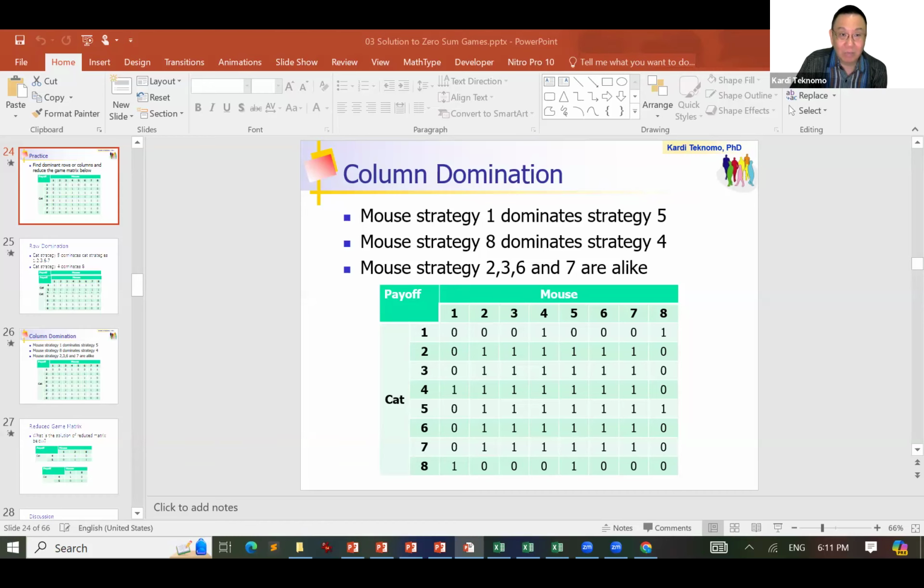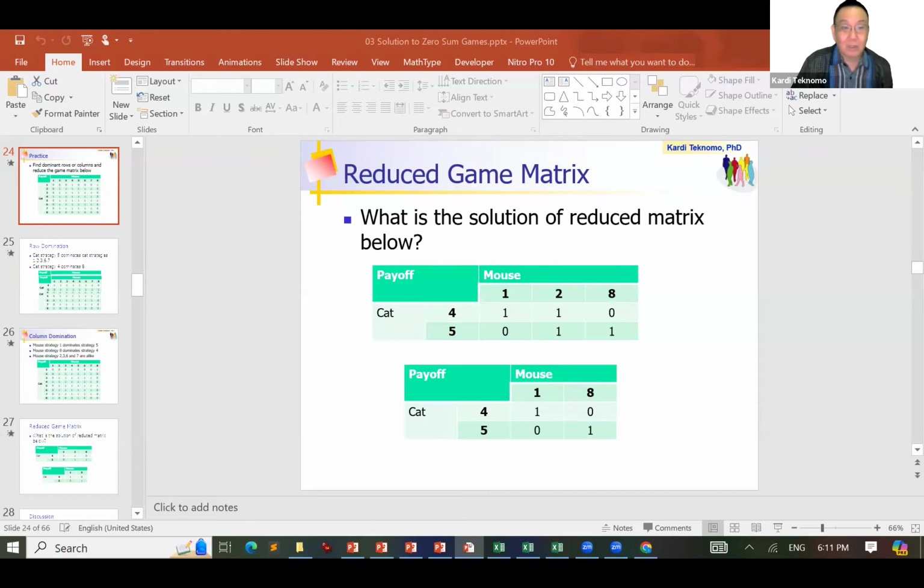Now we can combine both columns and rows. Then you get this reduced game matrix, and from here you again find the domination. Finally, you get only this one. This is the most reduced matrix between cat and mouse from a while ago.